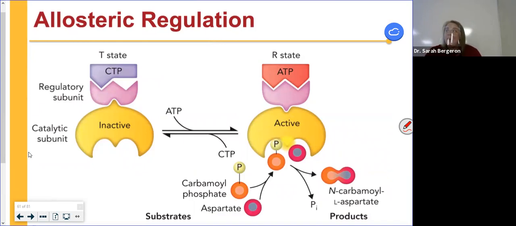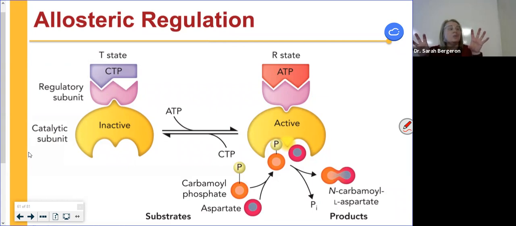Okay. So when we talk about these reversible inhibitors and things that can regulate enzyme activity, a lot of times what we talk about are allosteric regulations. If you have some kind of an inhibitor that's going to bind far from the active site, how does that work? A lot of times enzymes have a catalytic unit, and then they have a regulatory unit.